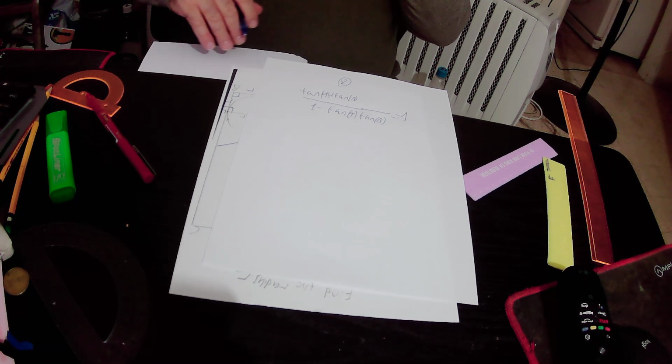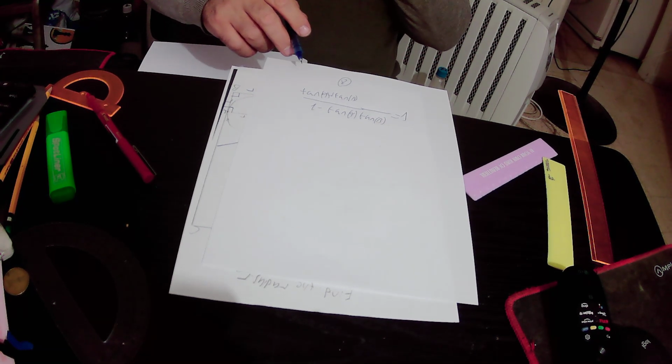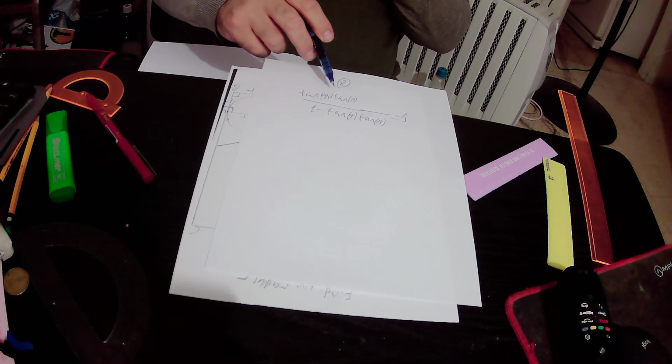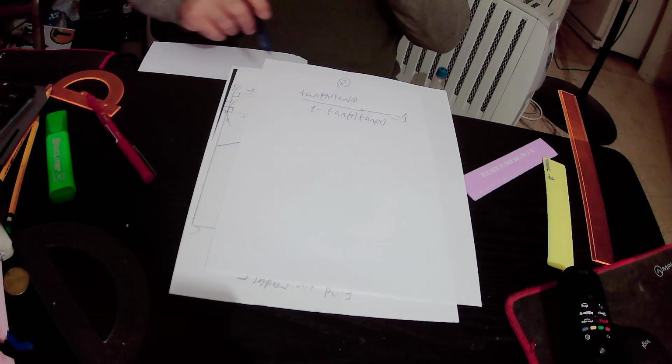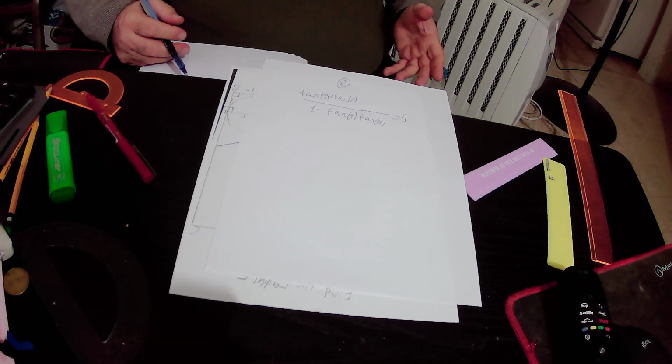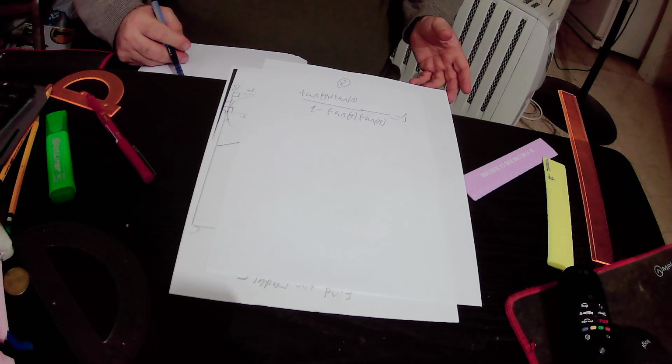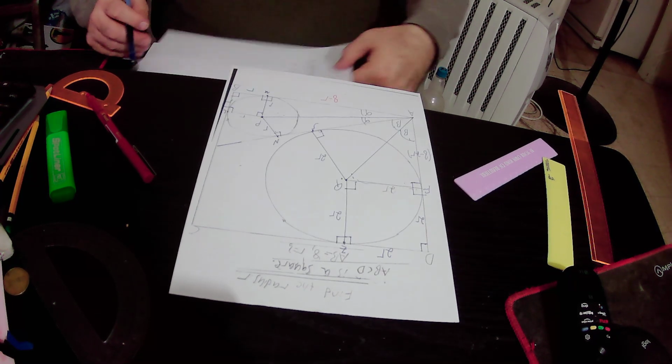Again, we will substitute tangent alpha by R over 8 minus R, and tangent beta by 2R over 8 minus 2R, and in this way we will have one equation with one variable, R, and R is exactly the variable that we are looking for. We want to find the radius of the small circle, which is R.